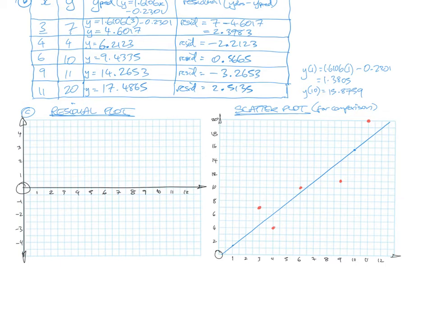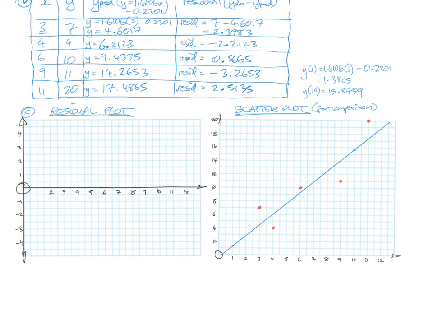And as you can see, this residual was positive 2.3983, and here on the least squares regression line, the data point is above it. It's a positive residual. It's above it by 2.3983.